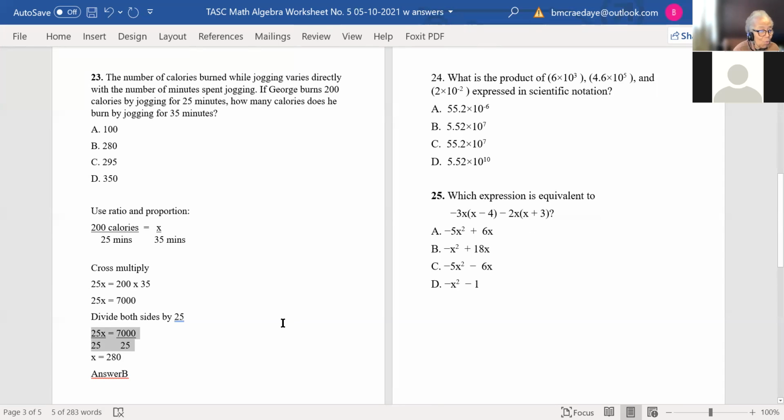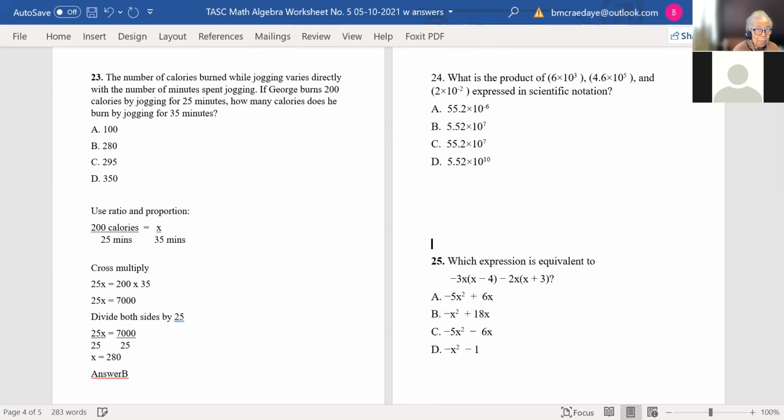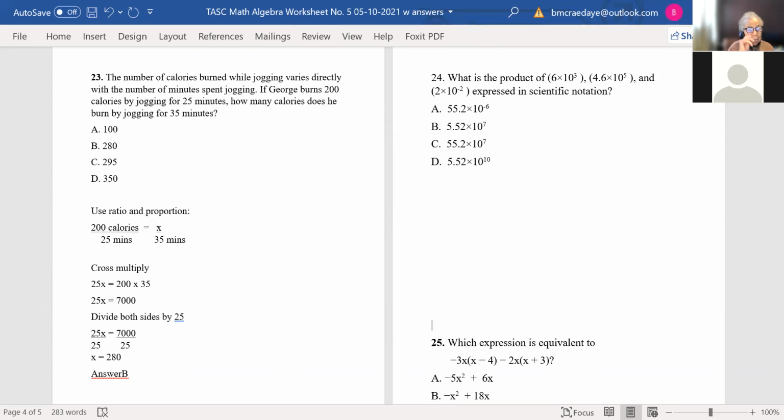What about 24? Well, you're on a roll here, Maureen. What about 24? I can figure out 24. What do you do with exponents when you multiply, Maureen? I really can't remember. No, the product means you're multiplying, right?